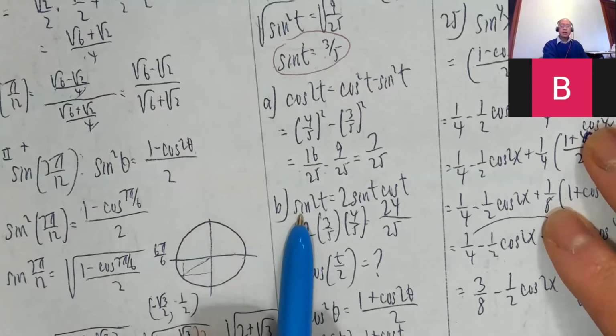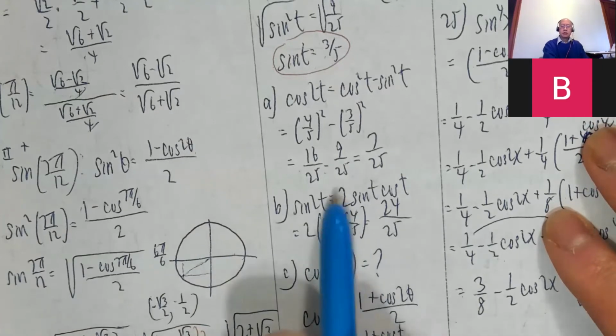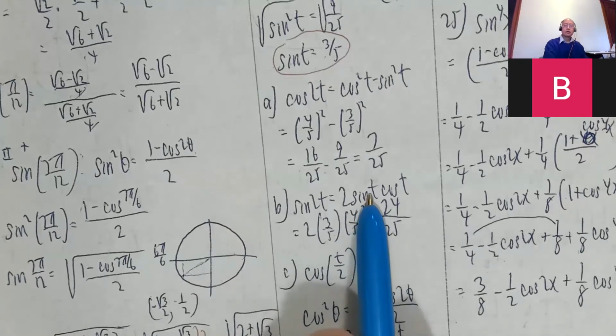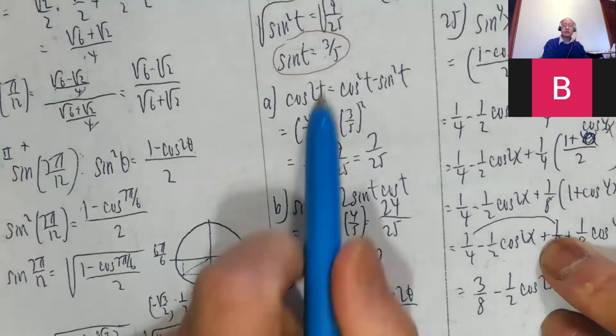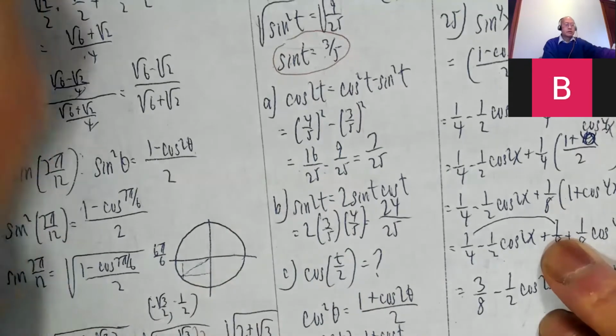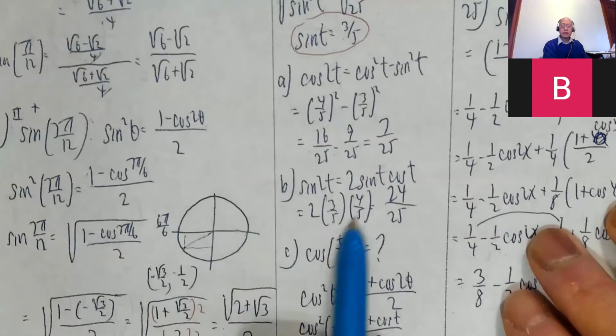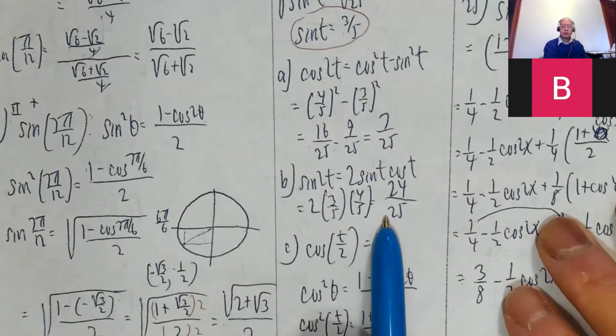Then B, sine of 2t. By formula, 2 sine t cosine t. So 2 times sine of t, 3/5, cosine of t, 4/5. Multiplying together, 24 over 25.